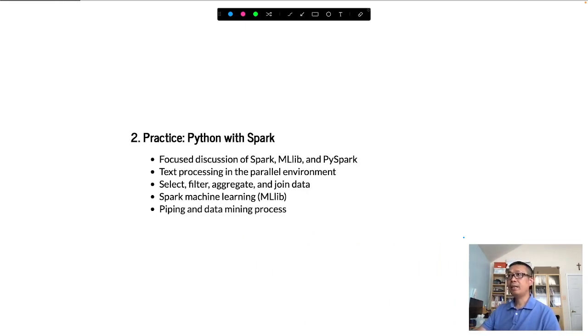And then in part two, as I said, we are going to do some exercises together, and the focus will be on Spark and some basic operations when it comes to Spark. We'll do some setup together, with a very simple data set. Actually, we're going to deal with very tiny data just to demonstrate the ability to do it.